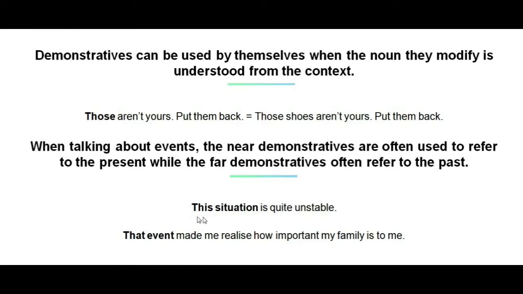The demonstrative this is referring to a present event, situation. That event made me realize how important my family is to me. In this sentence, the demonstrative that is referring to a past event that made me realize how important my family is to me.